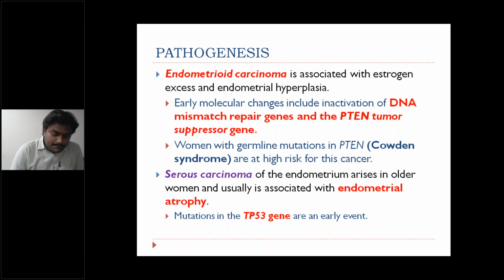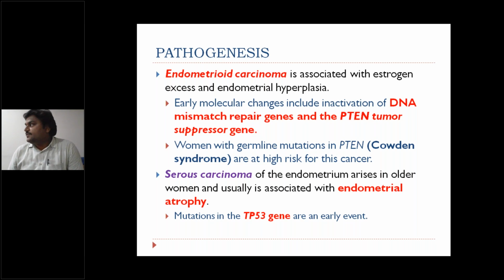So one is a defect in the DNA mismatch repair genes. Because of that, the DNA won't get repaired properly, so the mutated DNA will enter the cell cycle and multiply in large numbers. That is the first insult, and the second one is PTEN: inactivation of the PTEN tumor suppressor gene.